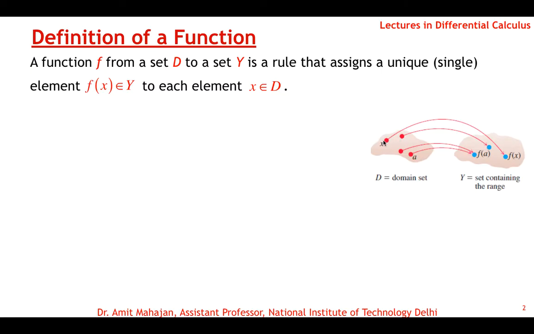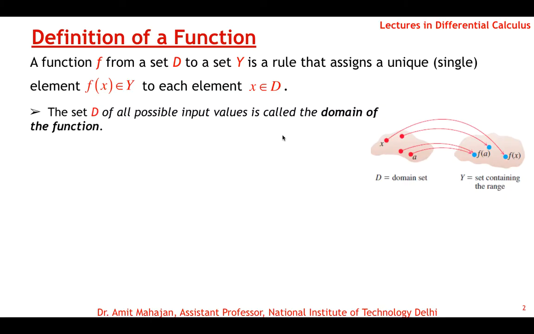Okay, so for every x here in the domain, there is a rule which takes this element to a unique element in the codomain. Okay, so f of x are the elements here in the codomain. Okay, so for every input there is some output, and that output is a member of the codomain. Okay, so the set D of all possible input values is called the domain of the function.